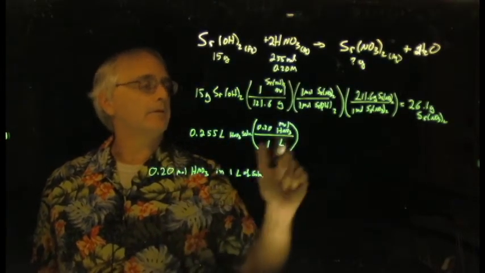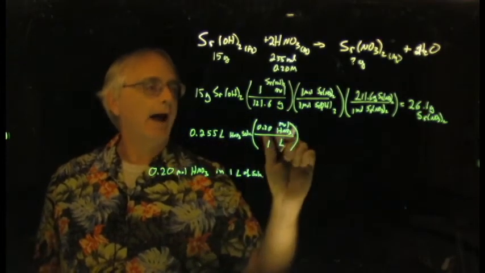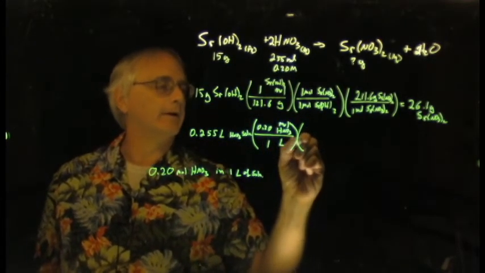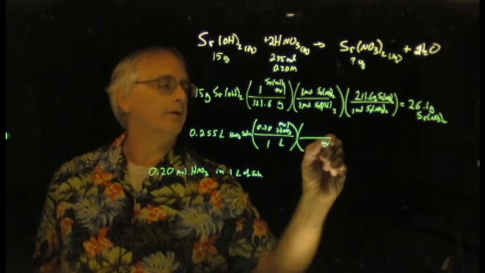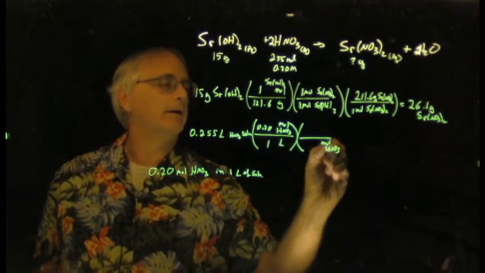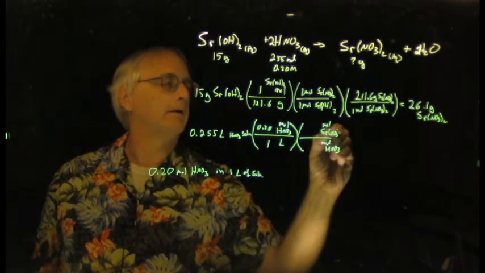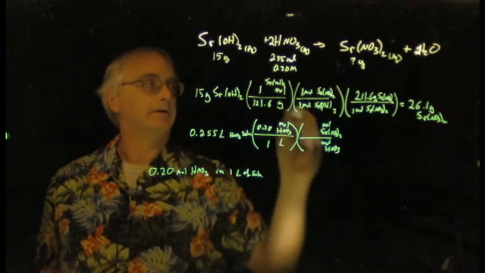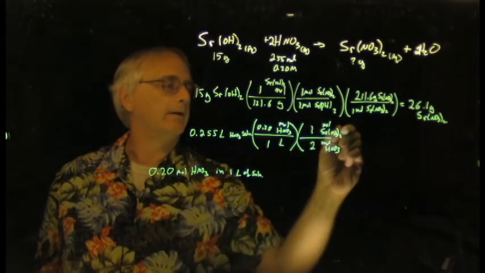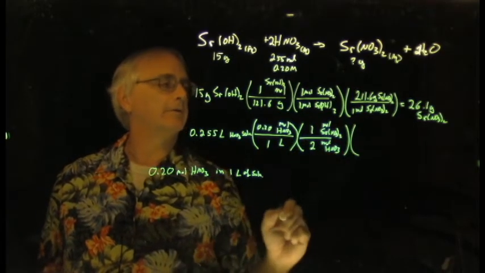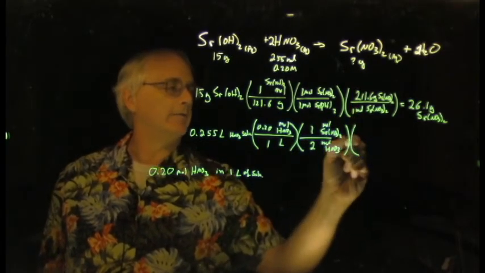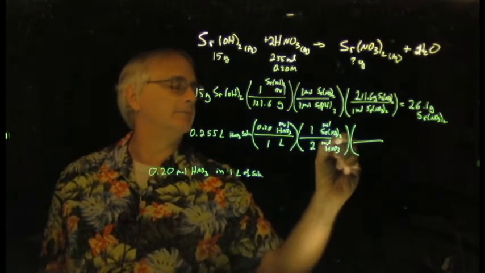From here on out, the rest of the problem is actually absolutely what we are used to doing. We need to turn the moles of nitric acid into moles of the product we're after, strontium nitrate. And these are the coefficients. That's pretty straightforward. The molecular weight of strontium nitrate hasn't changed since we used it last.